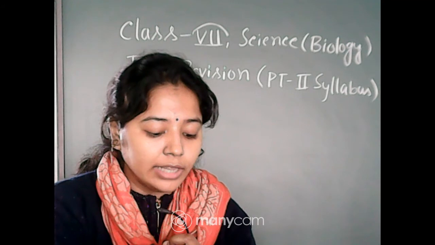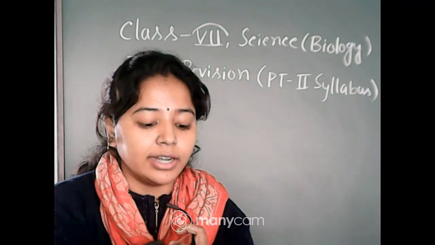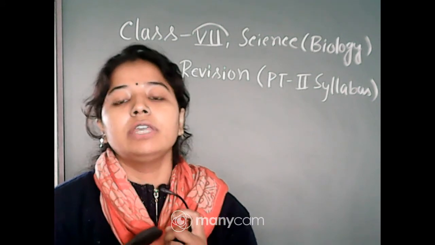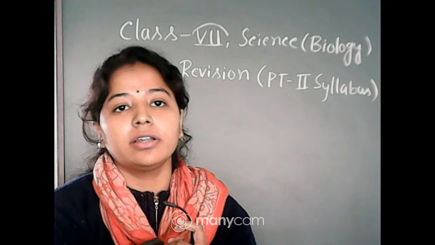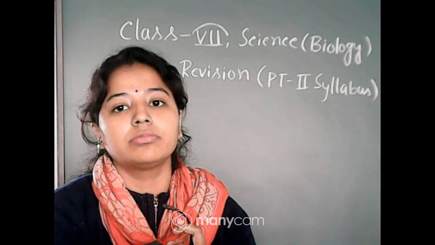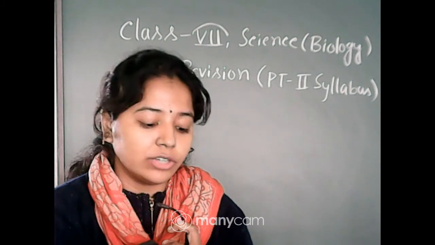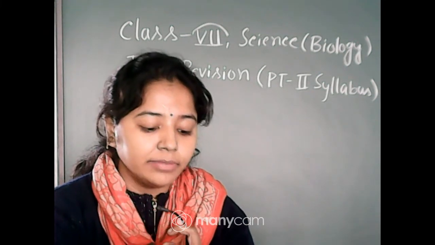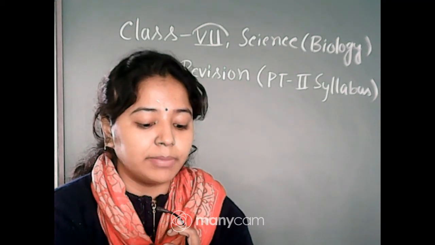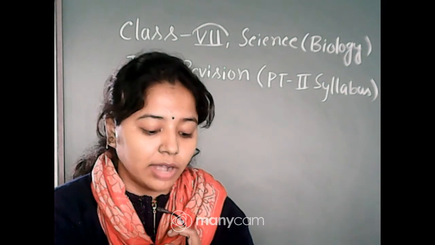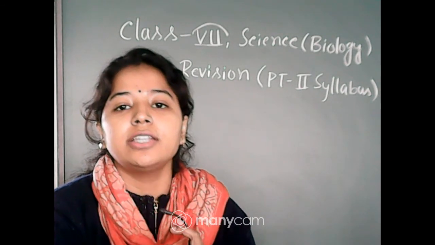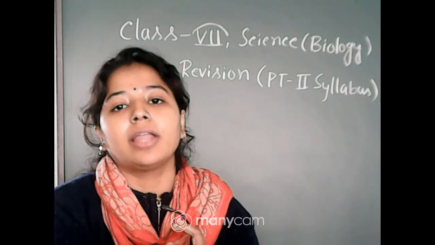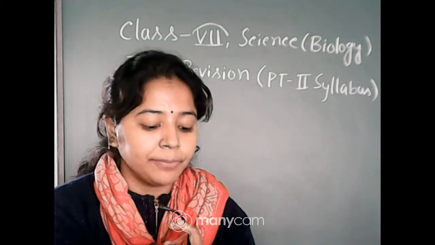Now another question: the right side of the heart has blood reaching carbon dioxide. You have already been taught the different functions of the two sides of the heart. In the right side actually deoxygenated blood, and in the left side oxygenated blood.